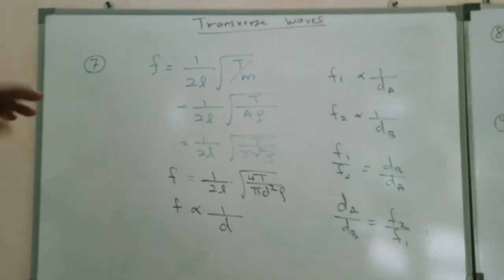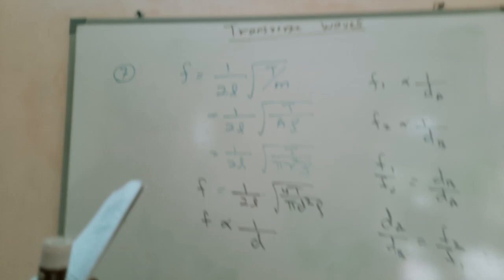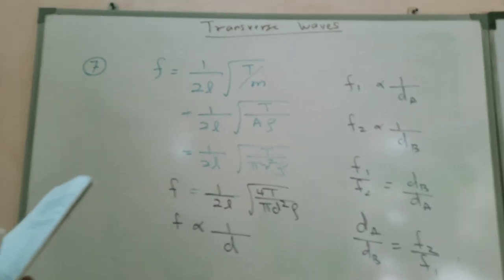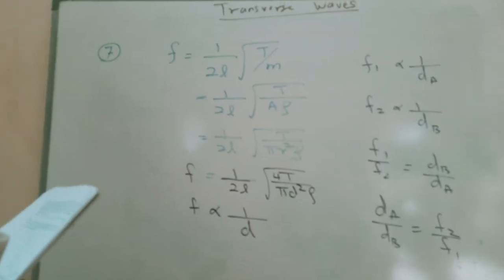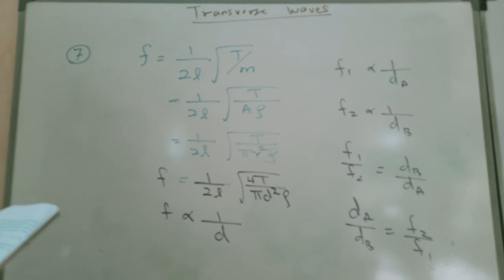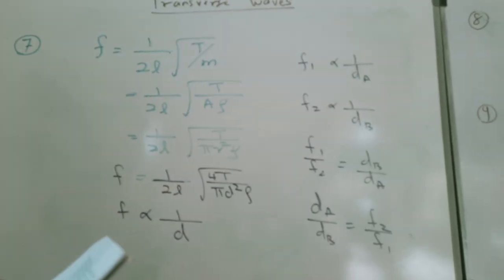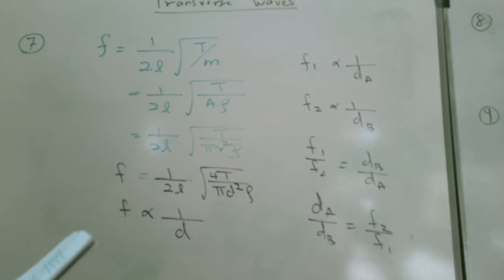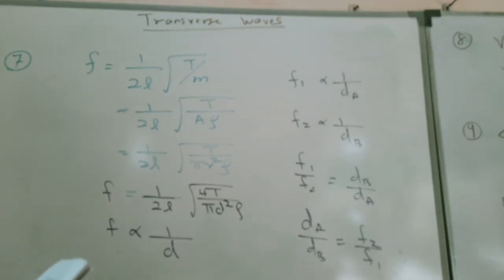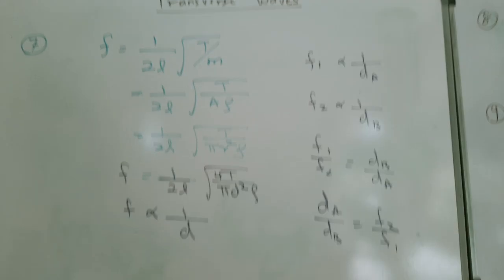Number 7. Two steel wires, strings A and B, of the same length and subject to the same tension, have fundamental frequencies F1 and F2. Find the ratio of the diameters.